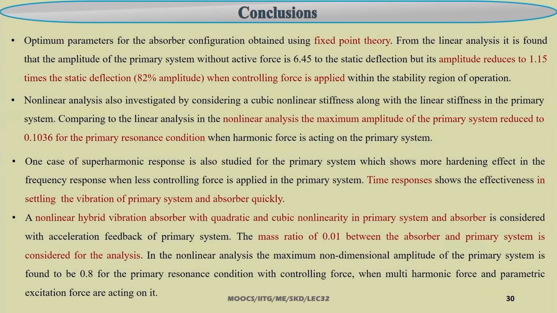You can note that in the general literature a mass ratio of 1:20 is considered, but in this case we have taken a mass ratio up to 0.01. That means m2 by m1 equals 0.01, that is 1 by 100. So we are able to control the vibration of the system by putting a mass 1 by 100 times that of the primary mass.